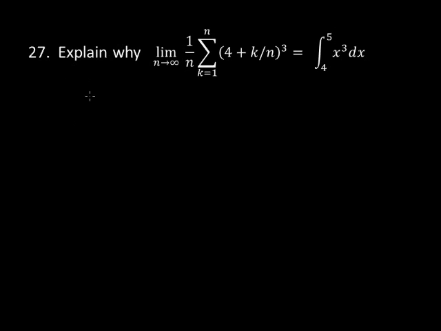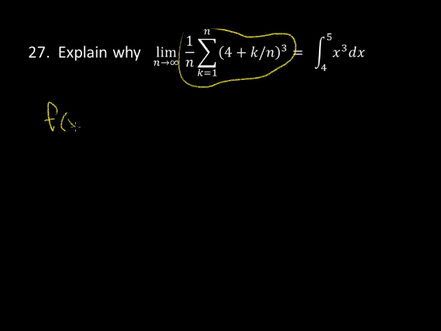This one, explain why the limit as n goes to infinity of this sum. Well, it must be a Riemann sum because the limit as n goes to infinity is a definite integral. We want to prove it is. So we have to figure out what is the Riemann sum.